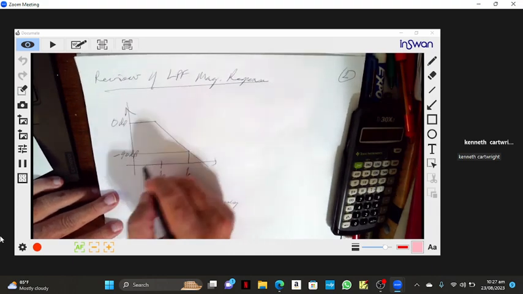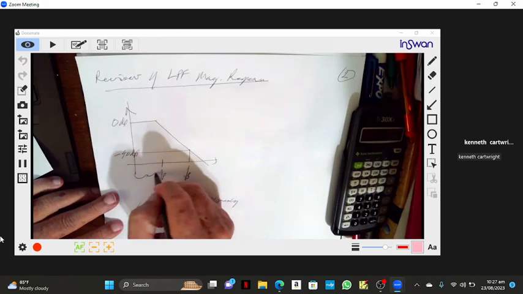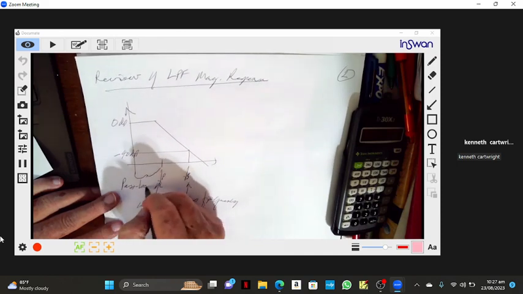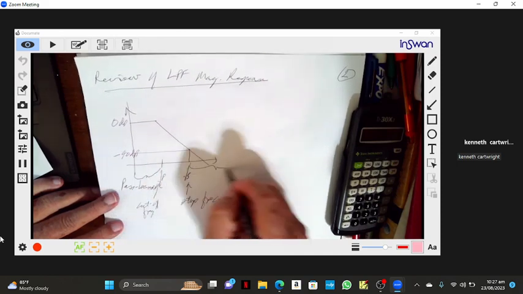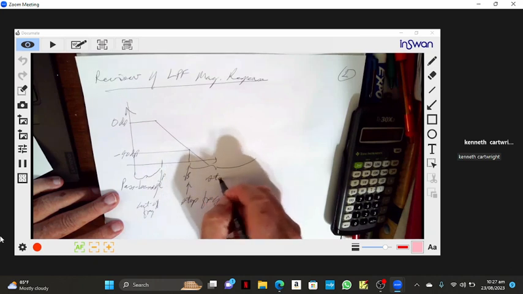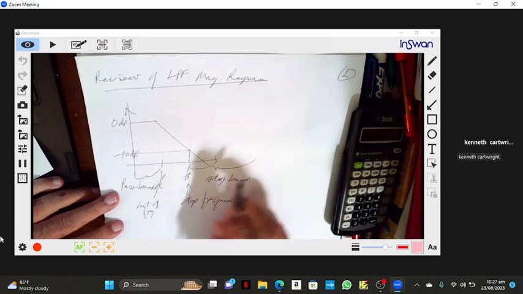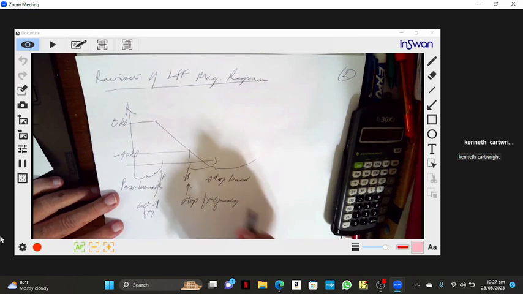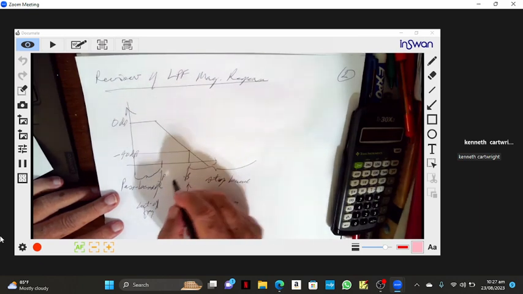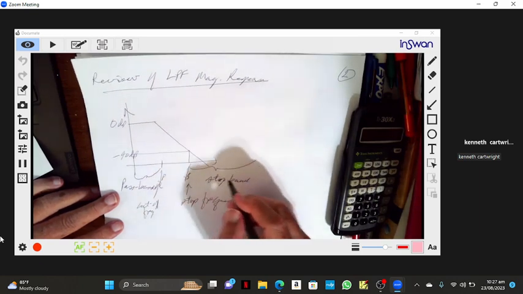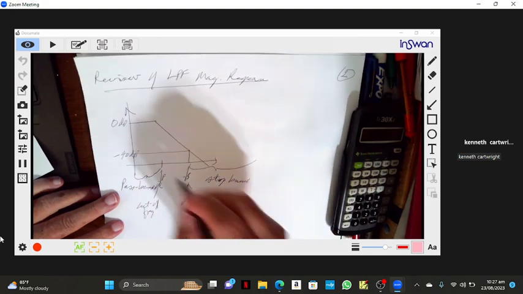From 0 to FP, it's a pass band because those are the frequencies we're passing. And these are the frequencies we're stopping. That's a stop band. And between the pass band and the stop band is the transition band.